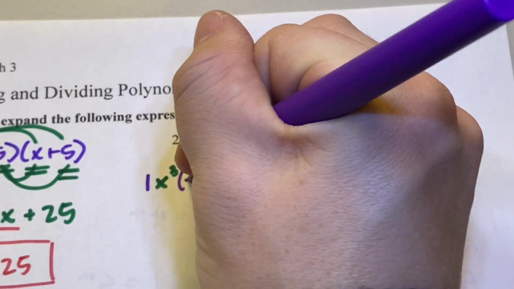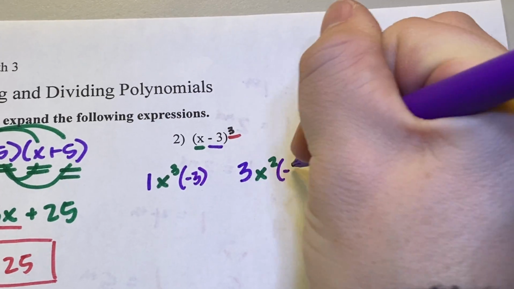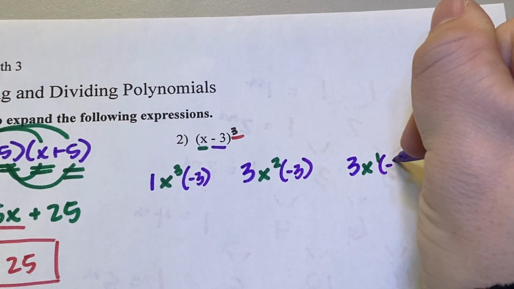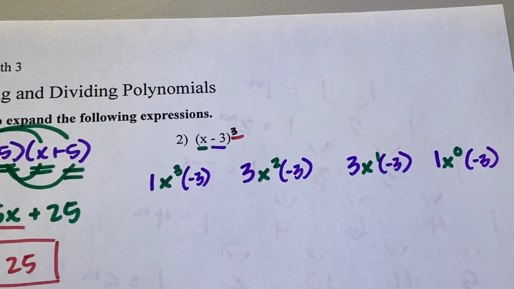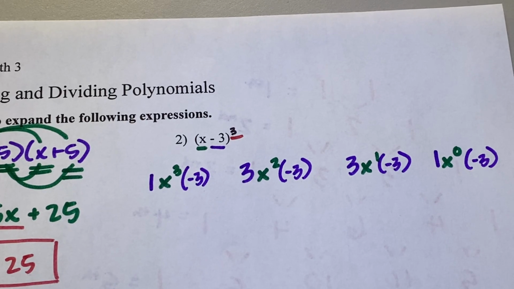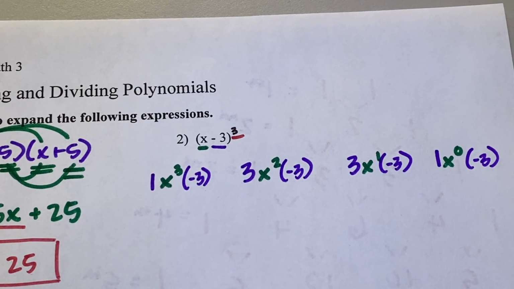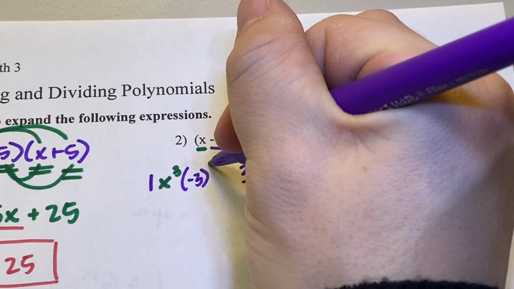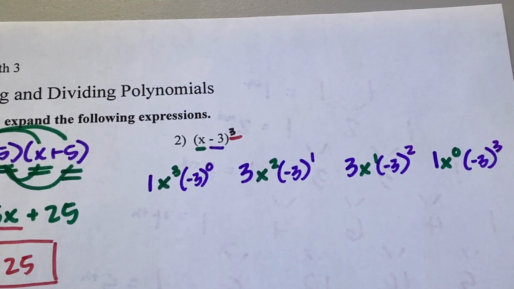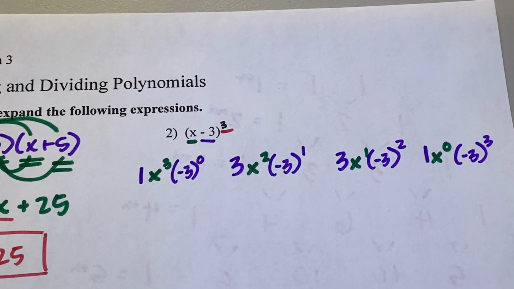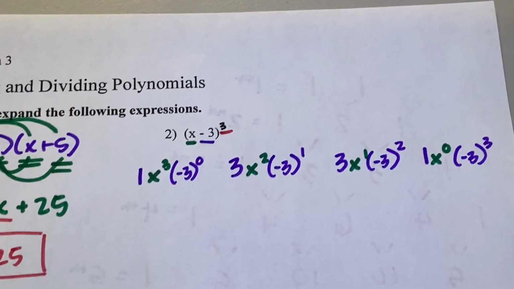Negative 3, negative 3, negative 3, negative 3. Second term starts low and goes high. So start 0, 1, 2, 3.